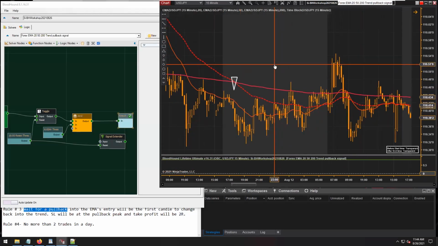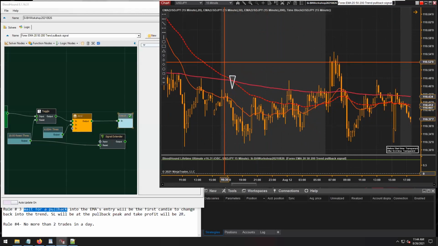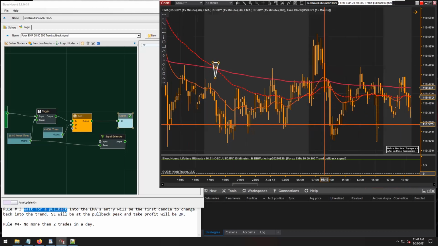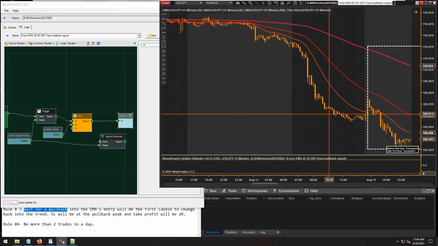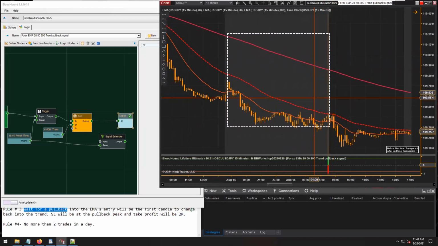All right, so here's the next Asian session, and there was a crossover, and so there's no signal coming out of the AND node. Again, there's crossovers here, no signal. And here we go.